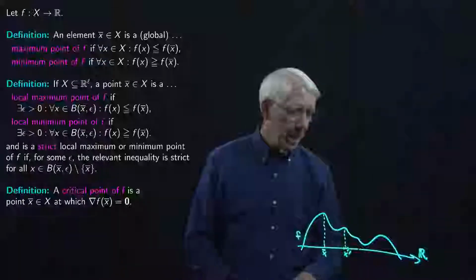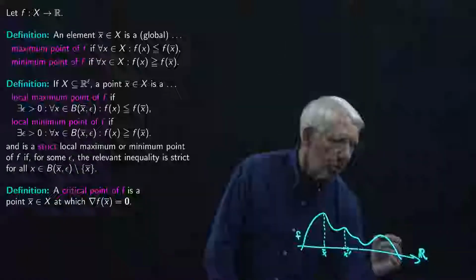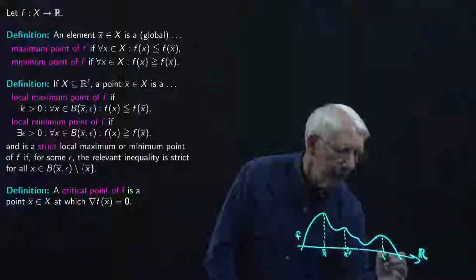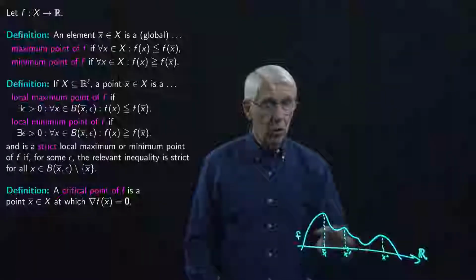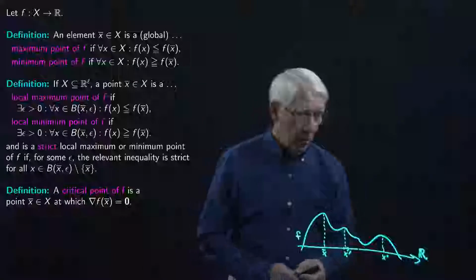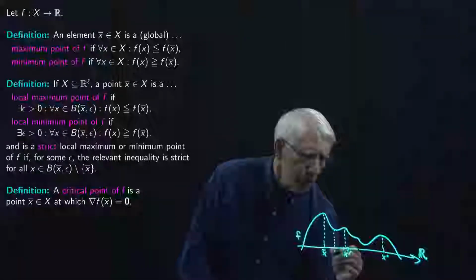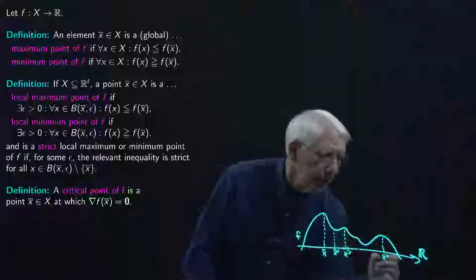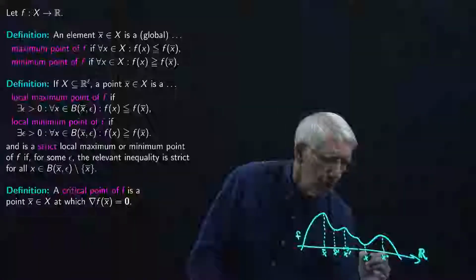And certainly over here I have another local maximum. So I actually have 3 local maxima, 1 global maximum, and I'll call this x tilde, and let's call this x star.